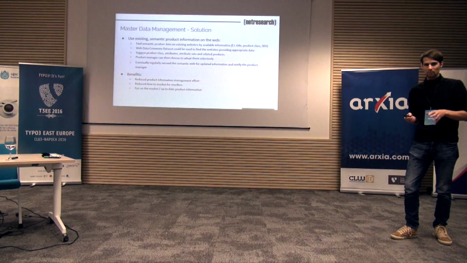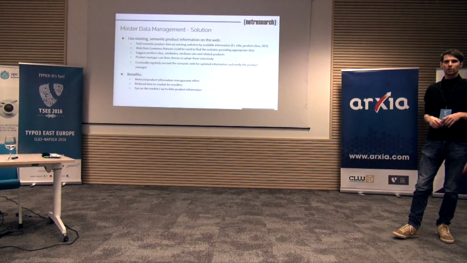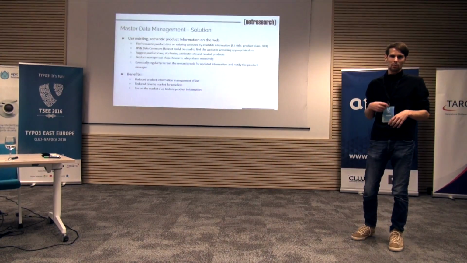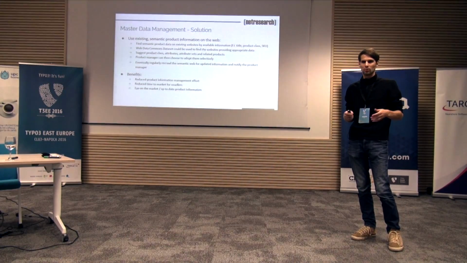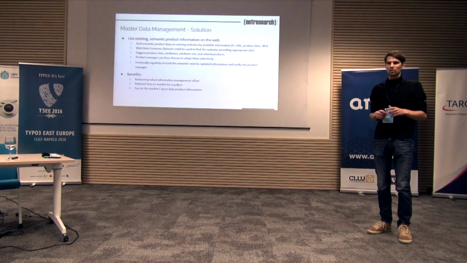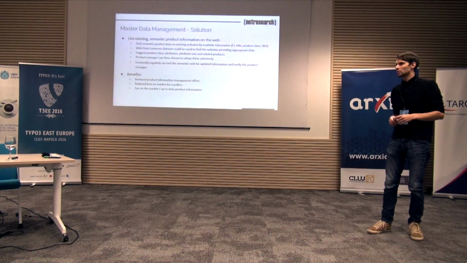It's a good idea to show product information in semantic formats on the web, because Google is already using it, and probably other search engines as well. So it's a good idea to have it online, and this means we could use it.